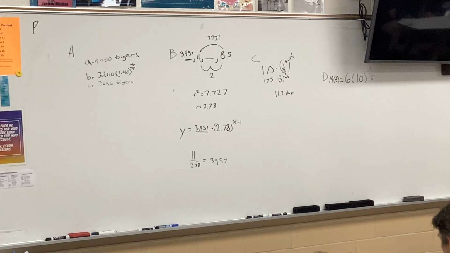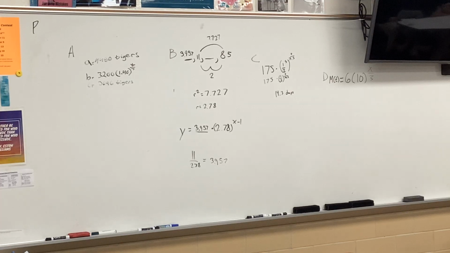Okay, let's look at what's up here. I love everything that's up here. It's all wonderful. So for problem A, part A, did you just multiply 3,200 times 1.4?